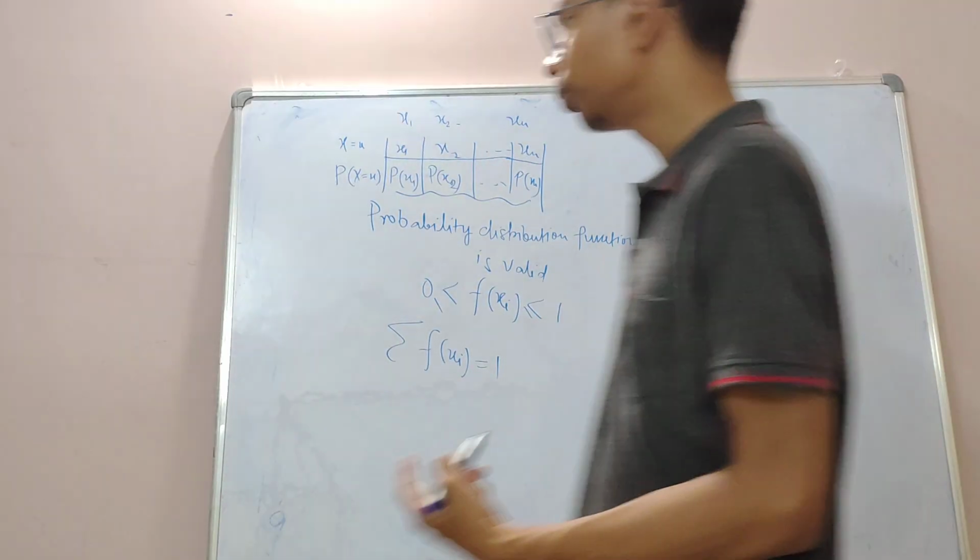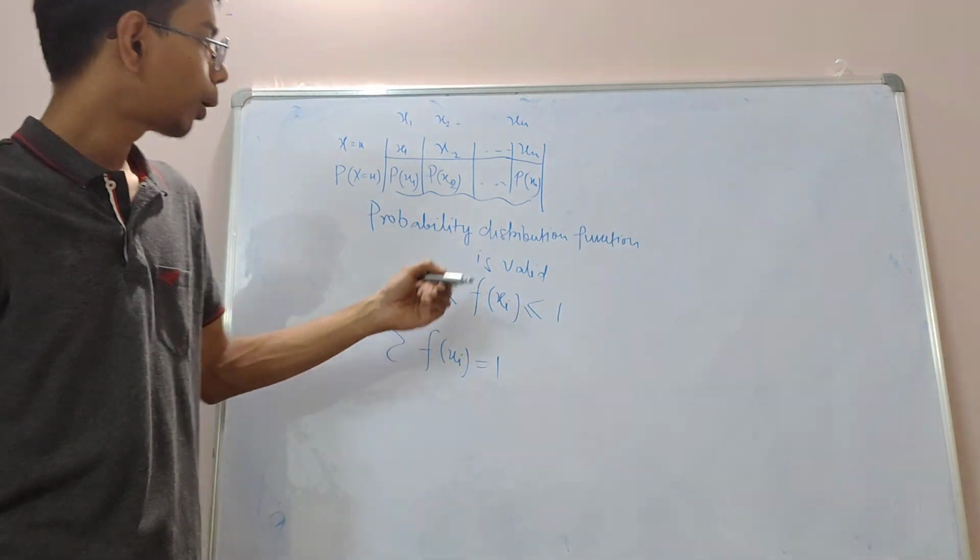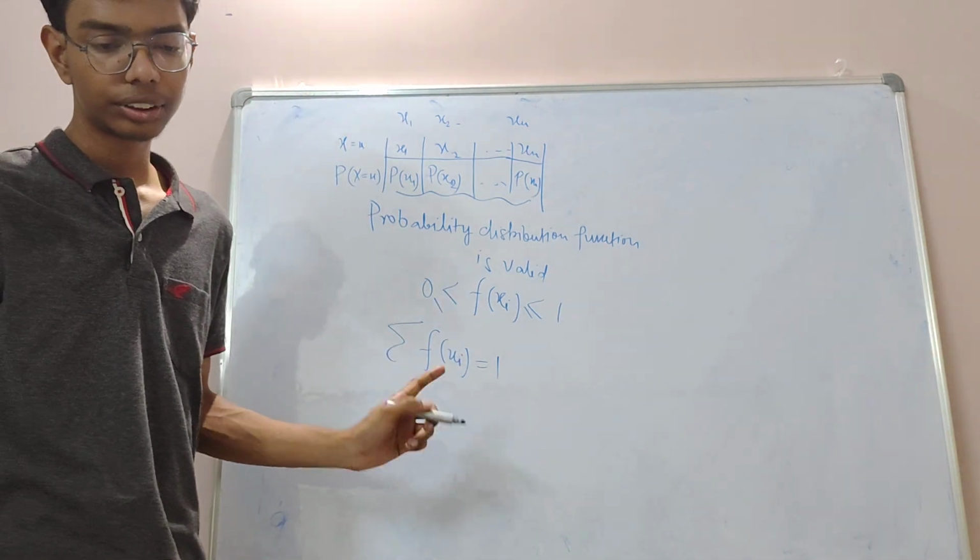If any one is not true, that means my probability distribution function is not valid, right?